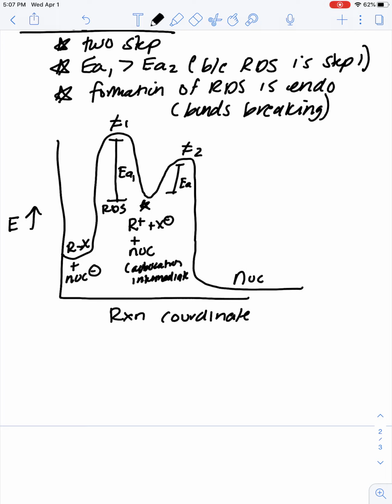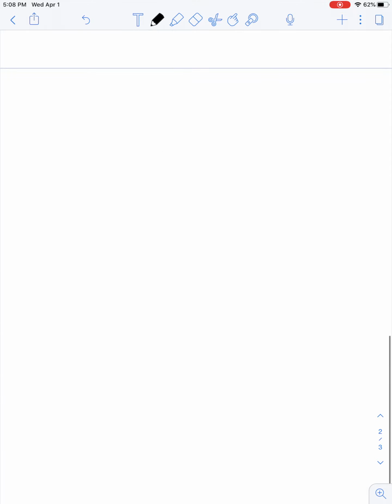And then our product is going to be when our nucleophile attacks our carbocation species, plus our leaving group. So again, it is important that following the production of the carbocation intermediate, the nucleophile is going to immediately add to form the substitution products. So let's look at stereochemistry.